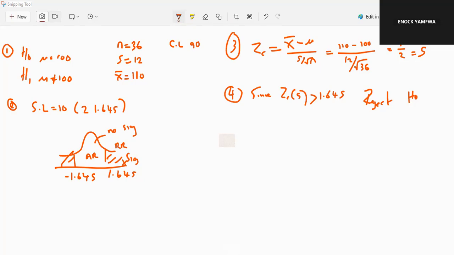Number three, we need to calculate our Z calculated. Let me beam the questions for you so that you can see how this is done. Question number one reads as follows.